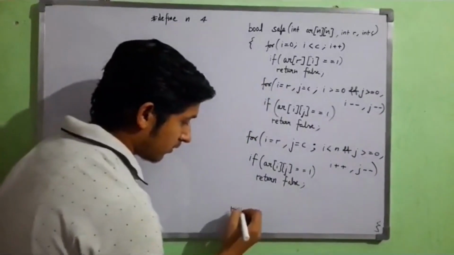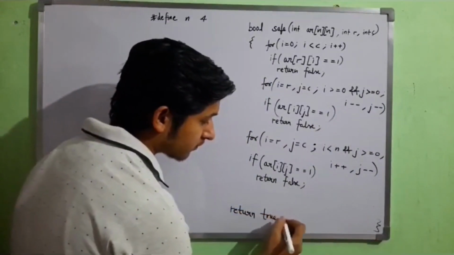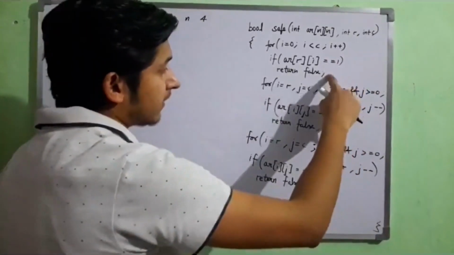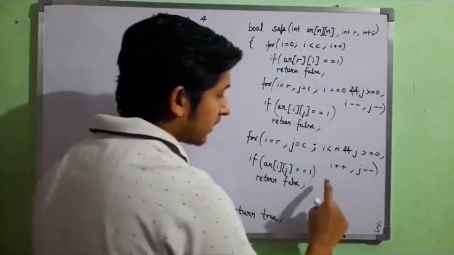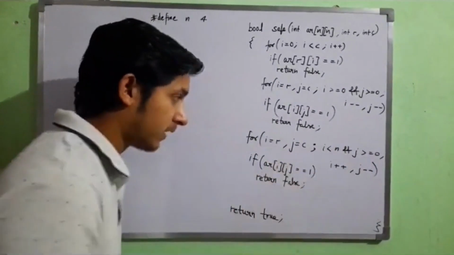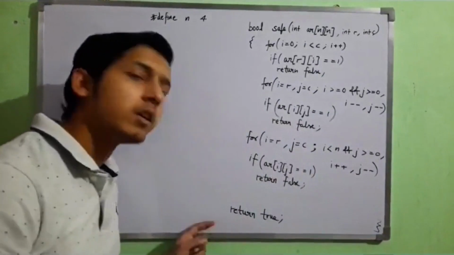So return true. So if I have a queen in the same column, then that's not safe. Same upper diagonal, that's not safe. Queen in lower diagonal, that's not safe. But if there is no such case, then that place is safe, so return true.